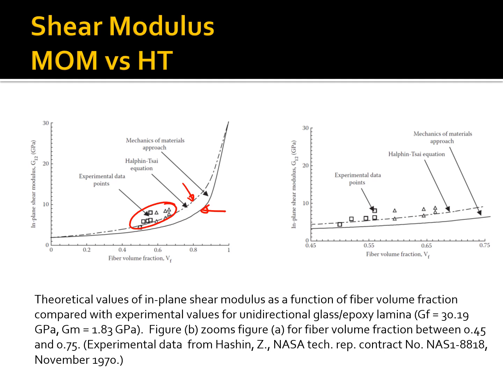And if I choose a smaller range of fiber volume fractions in order to amplify the difference between them, you're seeing that the experimental data points are much closer to the Halpin Tsai equation than to the mechanics of materials approach right there. And that's the end of this segment.